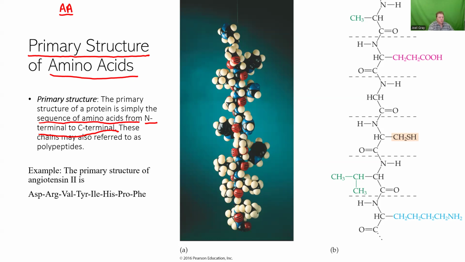Whenever I draw or think about an amino acid, I always think about them as being drawn from the N to C direction. So if you remember the backbone of all of our amino acids, they looked like this. They all had that N-C-C. And then on our N, we had three hydrogens and a positive charge.